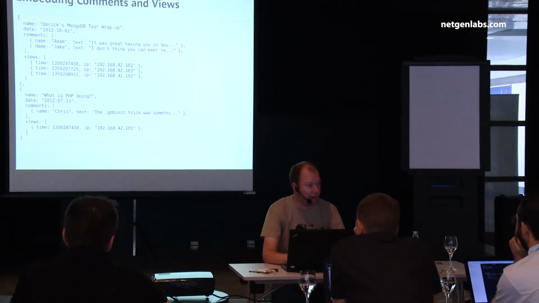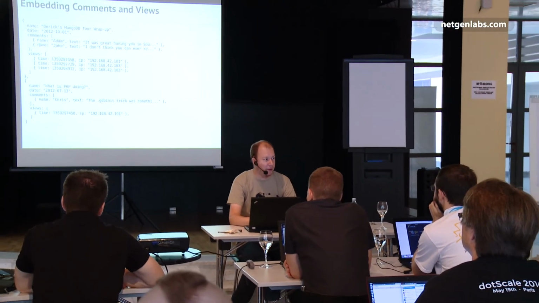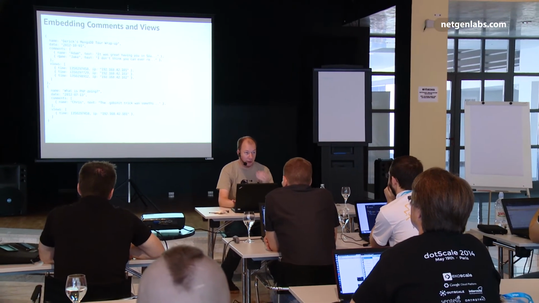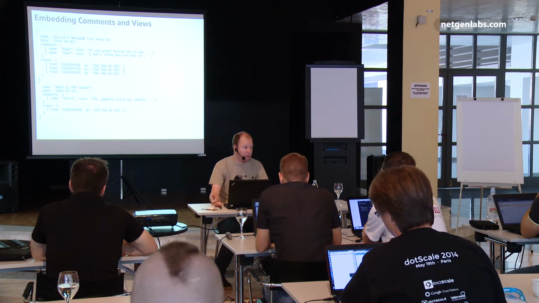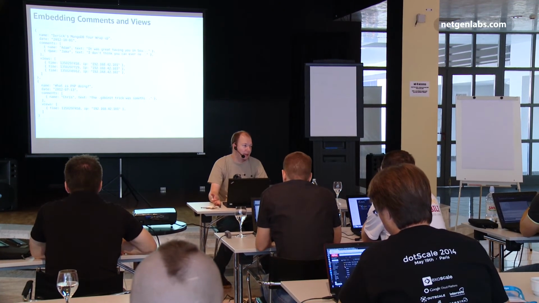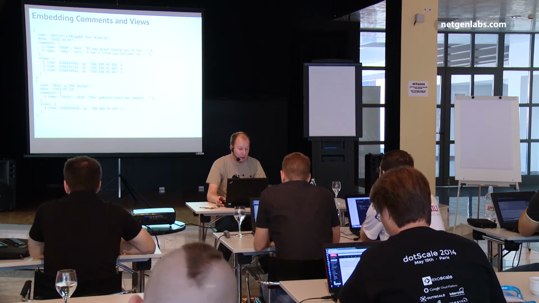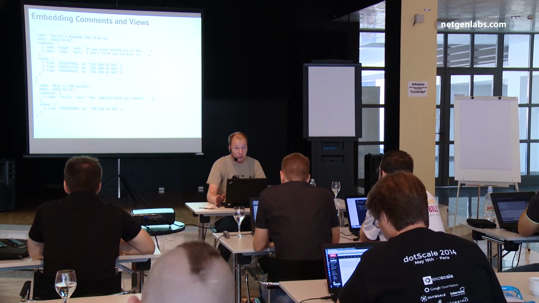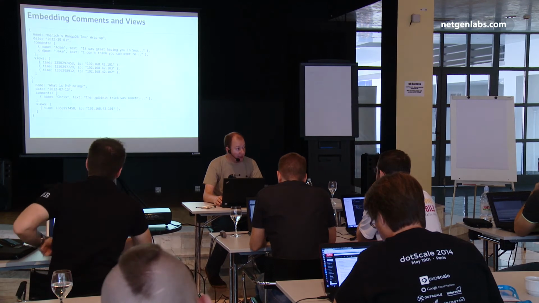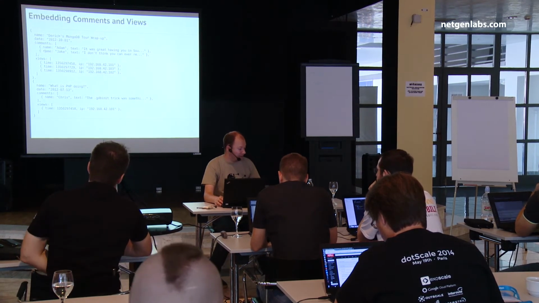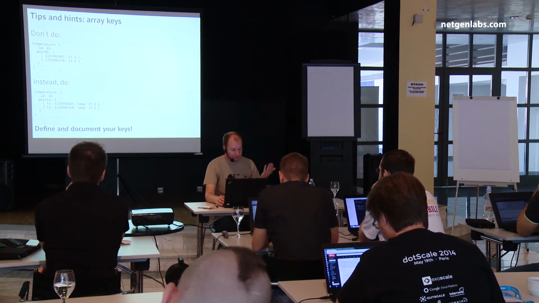You want to separate your heavy reads from your heavy writes to documents. For the comments, as I said, it doesn't matter, because at most it's going to be 10. That's so little that it doesn't matter. But for the views, it's not a good pattern to do. So, as an alternative, what you can do is separate out your views into a separate collection.